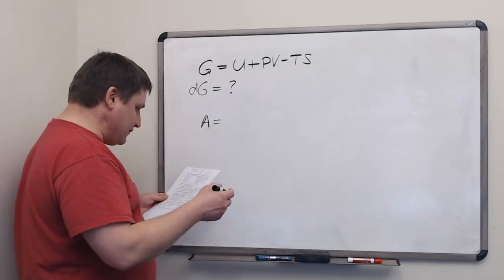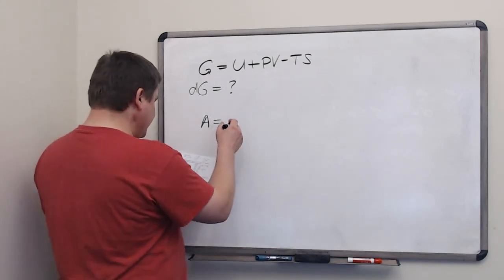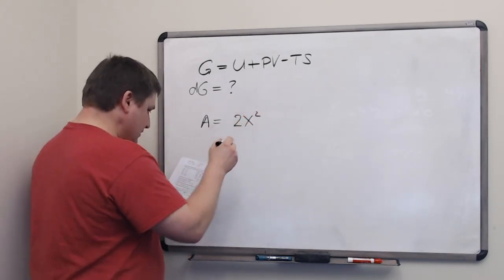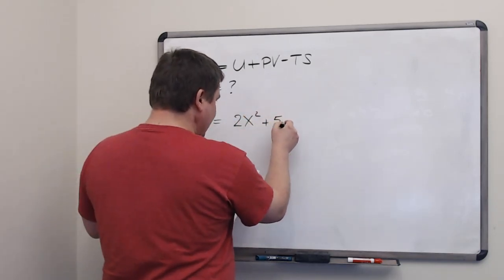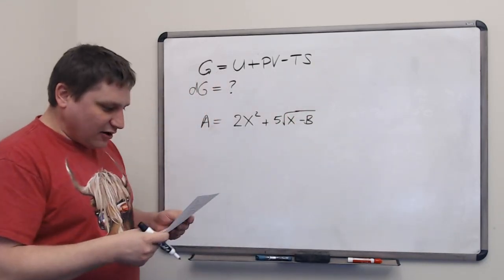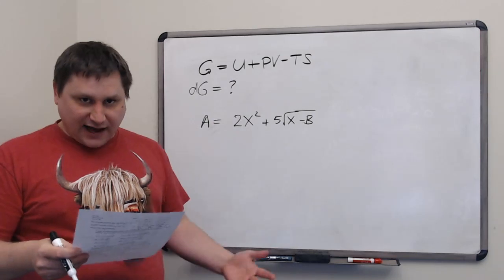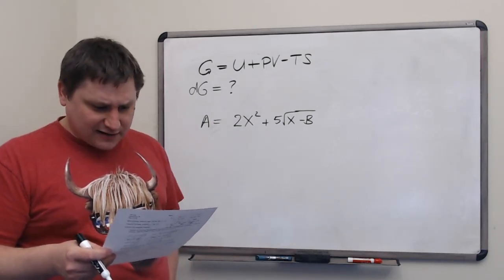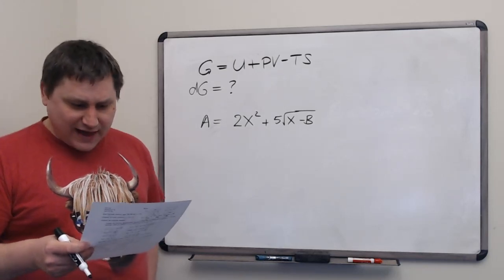If you did that substitution, then you would get A equal to 2x squared plus 5 times the square root of x minus b. And then you can take all your derivatives with x and b as the independent variables. Basically, you can do E and F, no problem.